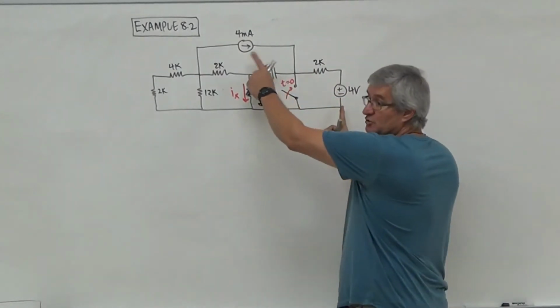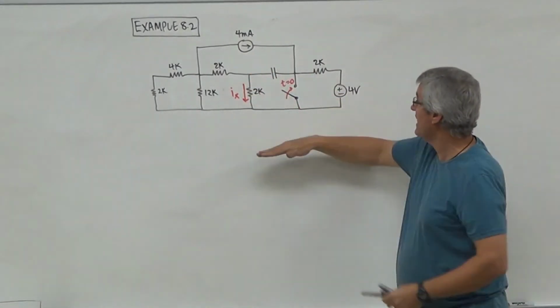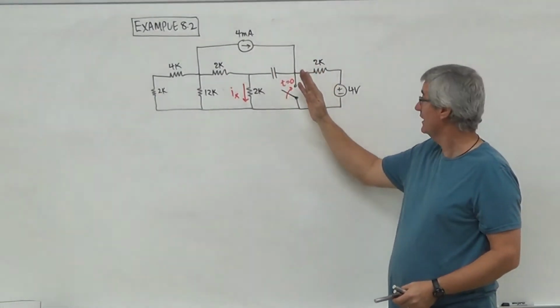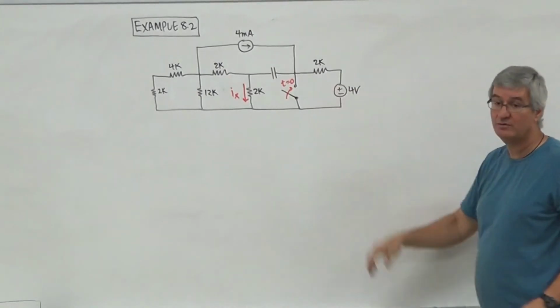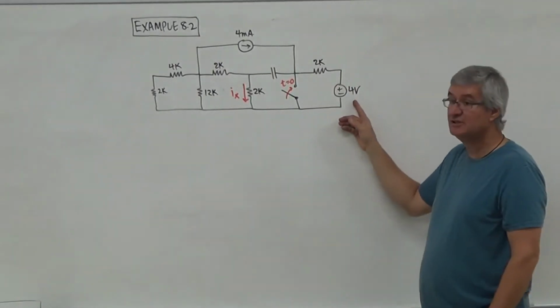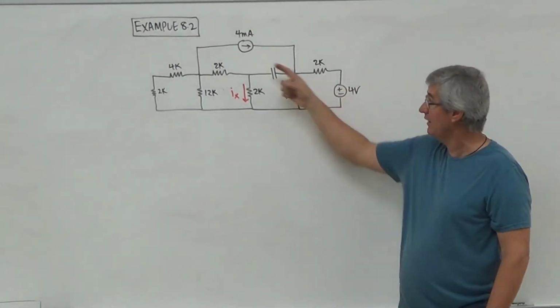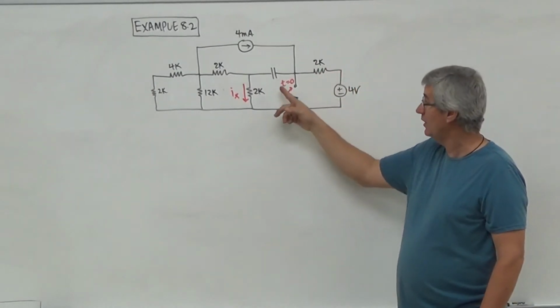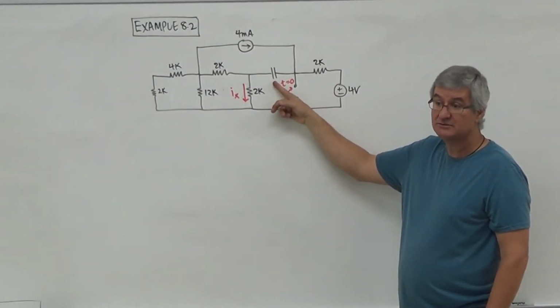But if now that switch is thrown, I kill off the 4-volt source of the 2K. So now it only sees one source, that guy, because this guy's gone. So it should be feeding that capacitor less.